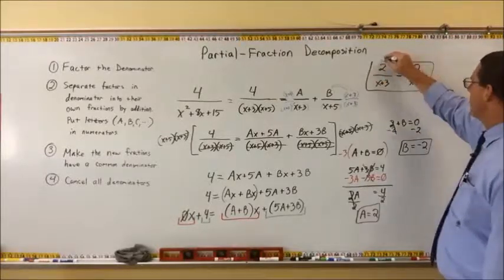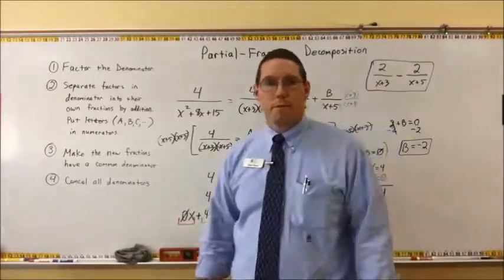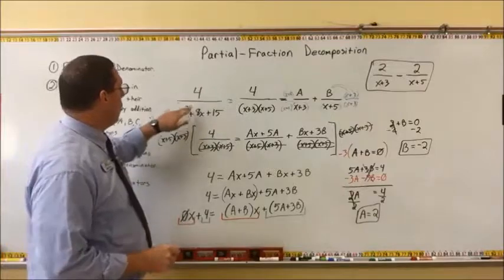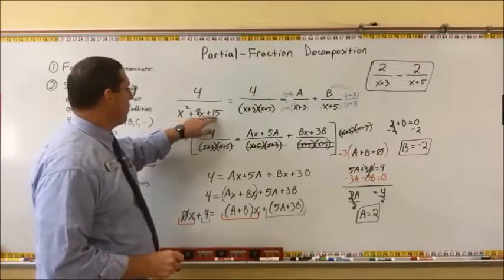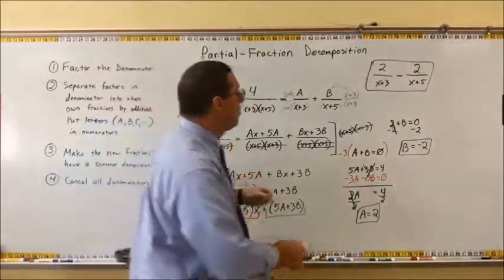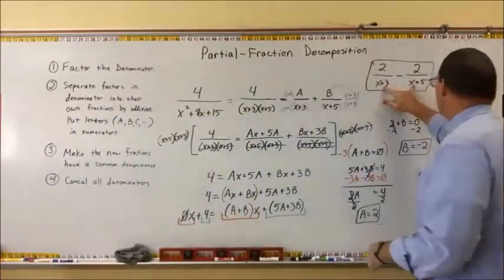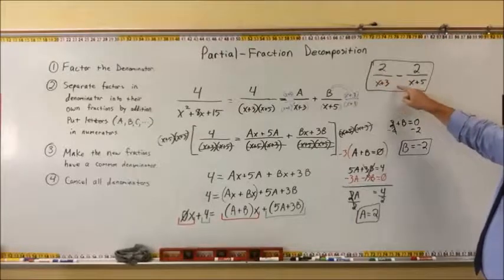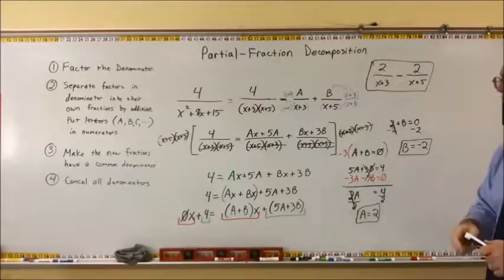This is our partial fraction decomposition, and we are now done with this problem. So, 4 over x squared plus 8x plus 15 can be broken apart into two different fractions that are equal to 2 over x plus 3 minus 2 over x plus 5.